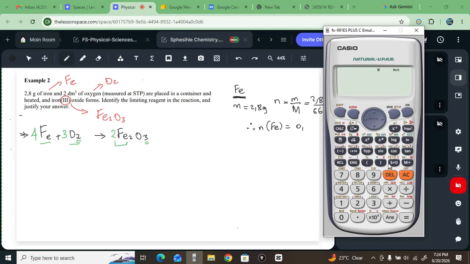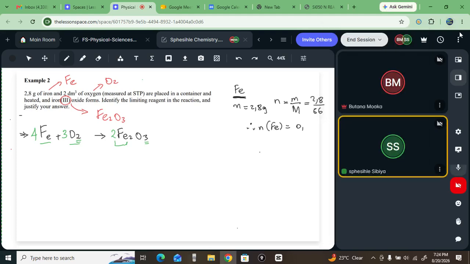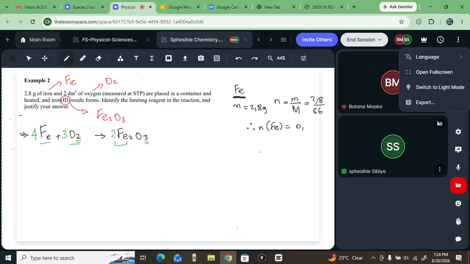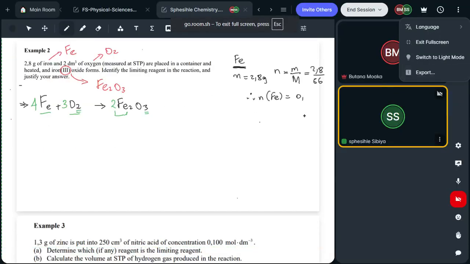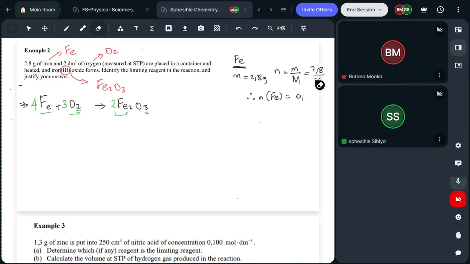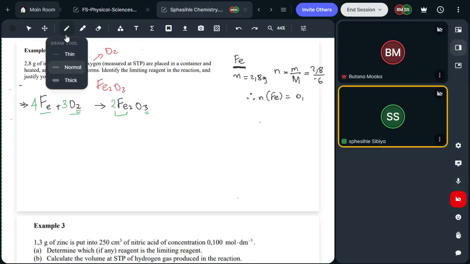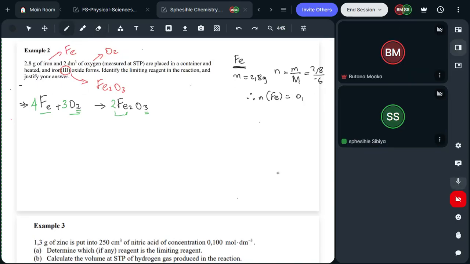What's wrong? I put 66 because you wrote down 66, not 56. No, that's a 5, I'm sorry. It's a 5. But don't make these mistakes in an exam. Okay, it's 0.05. 0.05 mole.